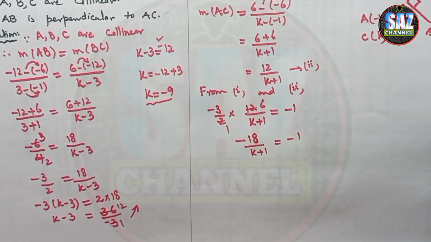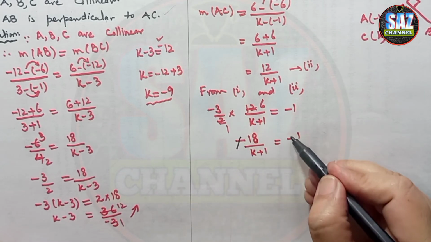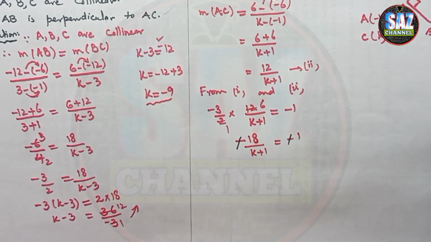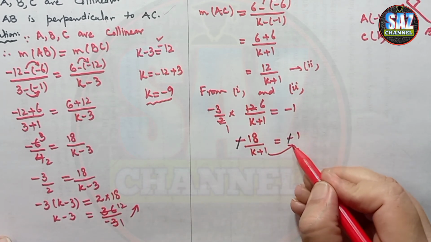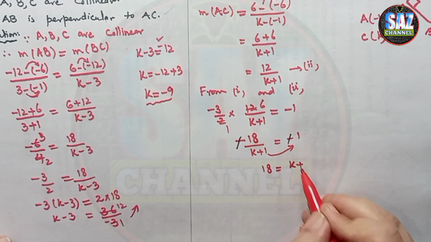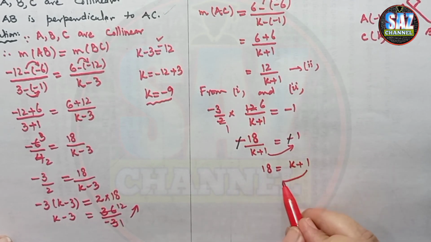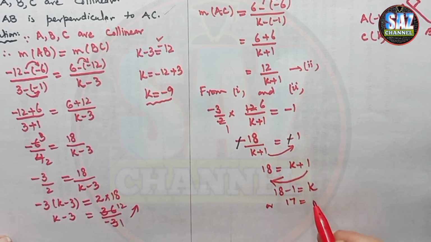I hope my students have a good command that this minus sign is on both sides, and we can cancel it easily. Now go for cross multiplication: k plus 1 will be multiplied by 1, so 18 equals k plus 1. In order to get the value of k, we shift 1 to the other side: 17 equals k, or k equals 17.